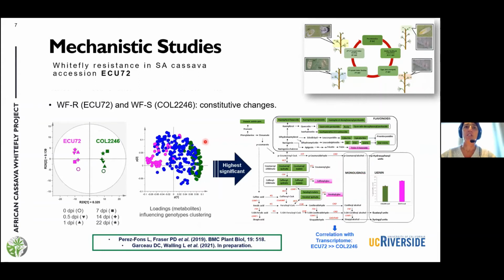That was especially evident in COL2246, the susceptible one, which accumulated high levels of the intermediates of these monolignols. The changes in the metabolome also correlate with the differential expression of the biosynthetic genes of this pathway, and this was done by Linda Welling's team at UCR.